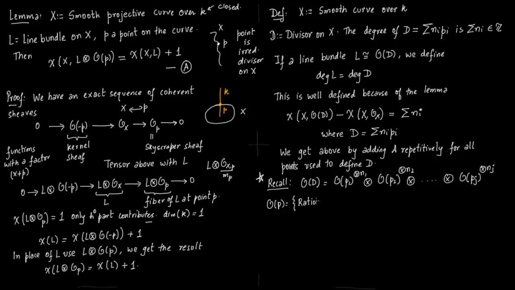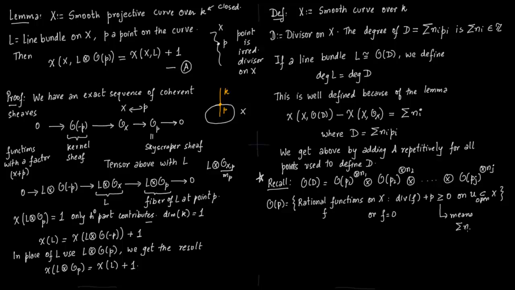Now let us just recall what this O of P was. This is the set of rational functions on the curve X, that is K of X, such that the divisor of F plus P is greater or equal to 0 on the open sets, and you also include F equals 0.